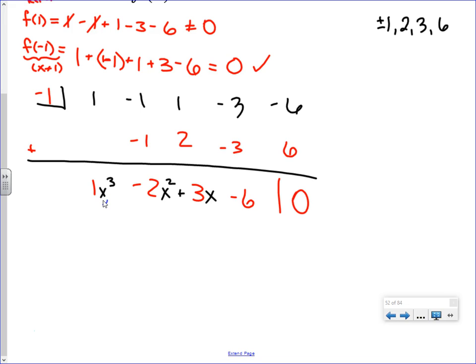But what we need to do? Keep going. I'm not exactly sure how Mr. Park taught it, but depending on who you had last year, they might have said, just steal these coefficients and go again with another number. That's one way. But do you remember how I told you guys, every now and then, grouping works.